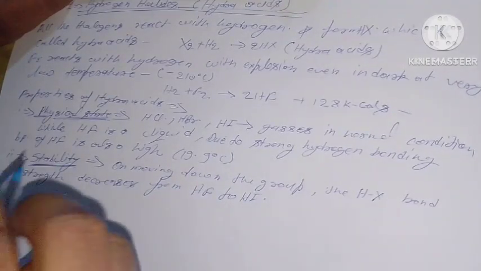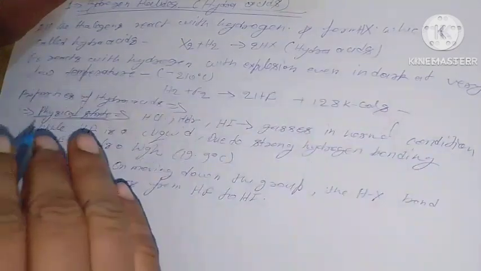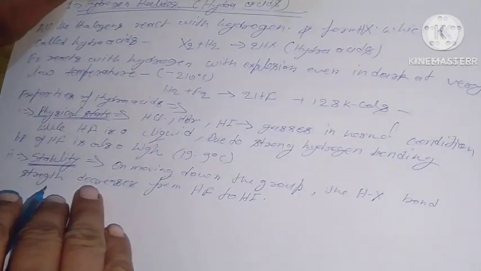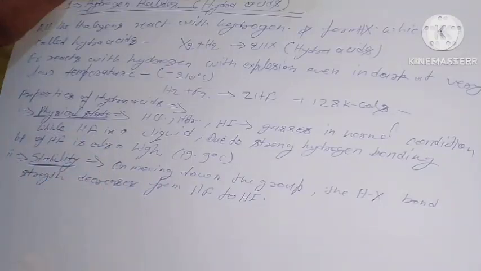Hydrogen fluoride is the most stable, while hydrogen iodide is the least stable of the hydrogen halides.